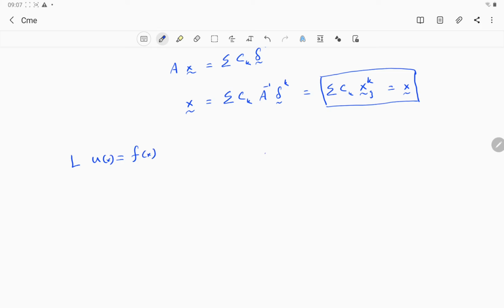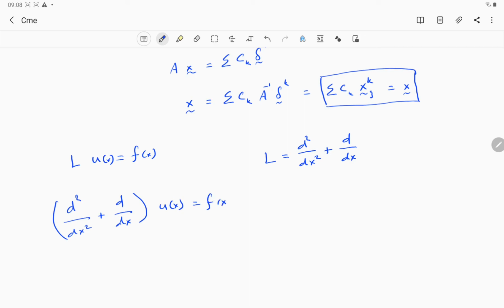For example, L could be d square by dx square, or who knows, plus d by dx, it could also be like this, which means d square by dx square plus d by dx, which acts on u of x, provides me f of x.